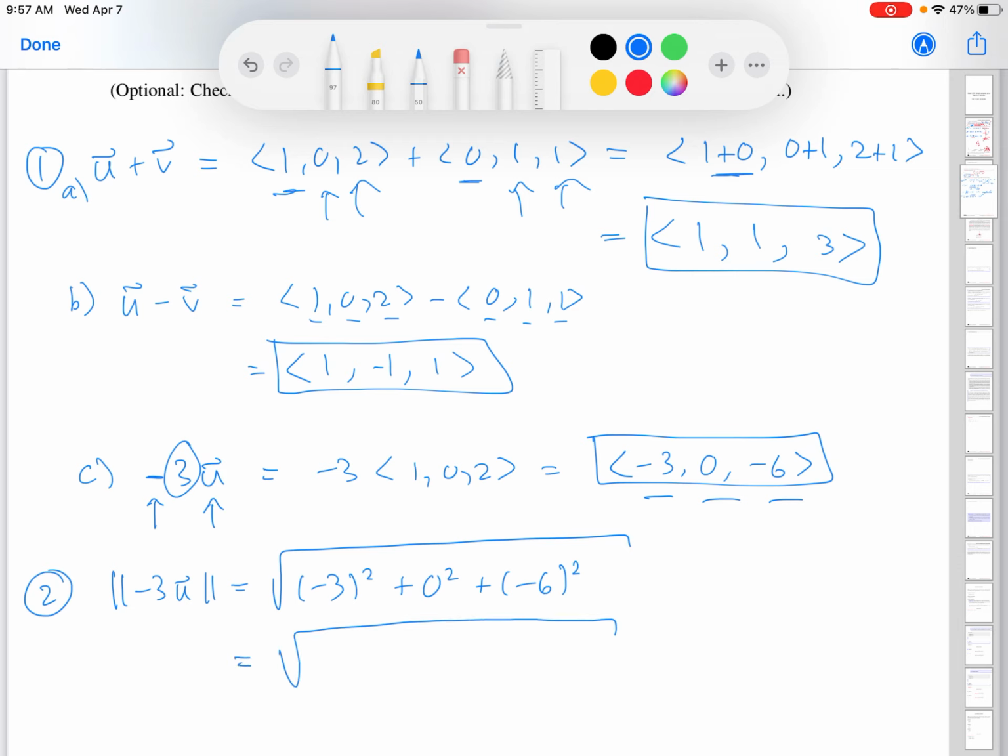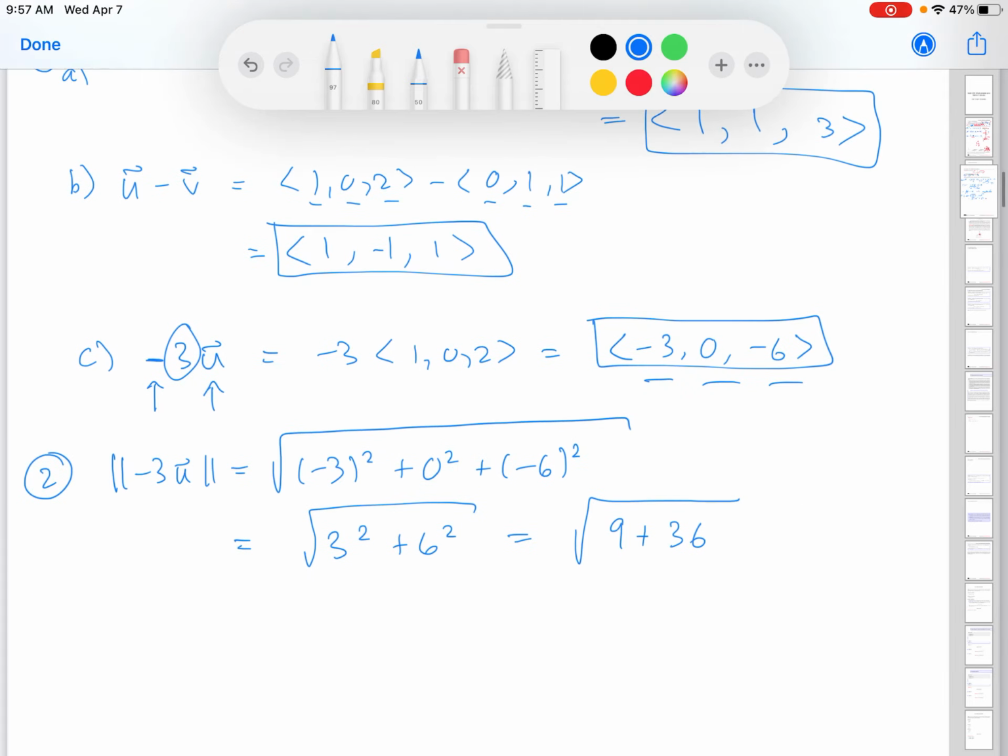So I'm going to express this as, first of all, 3 squared plus 6 squared, because the negatives square away. And then I'm going to try to pull out some 9's perhaps, or 3's, somehow make this into the norm of u. So what can I do? Well, this is 3 squared, which is 9, plus 6 squared, which is 36. Great.